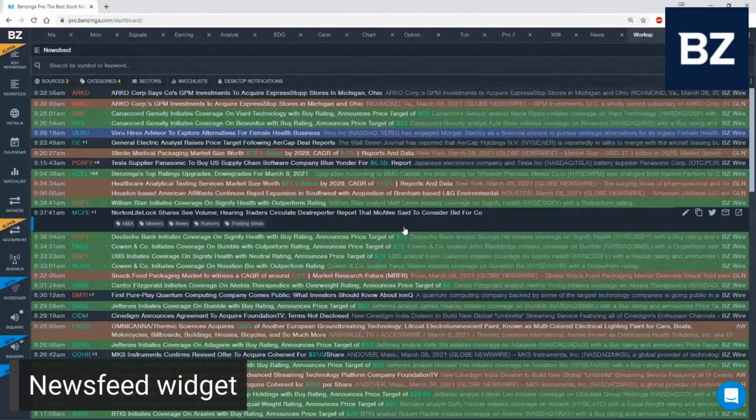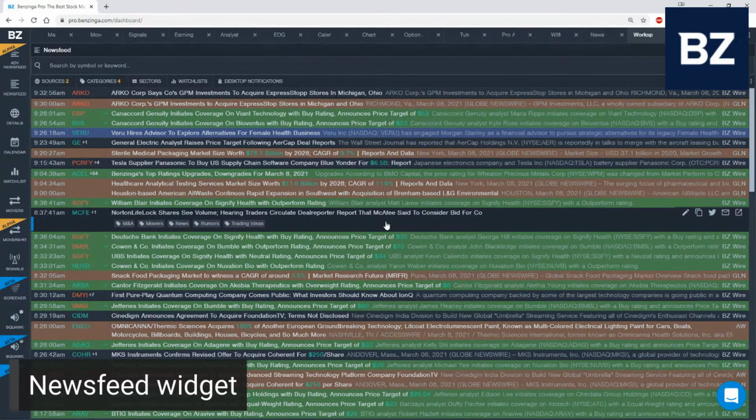So anytime you hear traders circulate or traders chatter from our news desk, they're saying, hey, this is impacting the price of the stock, but buyer beware, essentially. This sounds more like a fluffy headline to me where it could go up and maybe it will come to fruition, but that really depends on what is the value of a deal reporter report and the types of things that these traders are circulating.